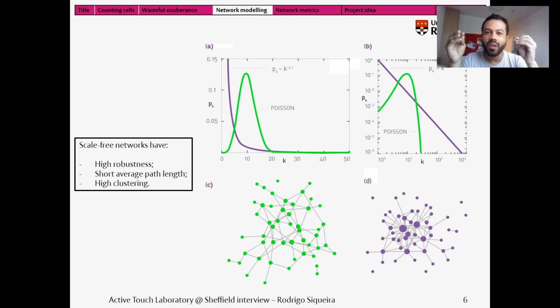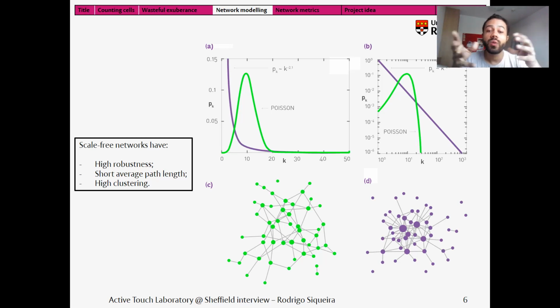Because it has a high robustness, which means it's really resistant to attacks. If I delete nodes, if I kill cells, if I have a stroke, or if I lose a limb, those regions can adapt and change function. So I will have a short average path length, which means I can move from one place of the network to another place of the network really quick without having to jump through all the neurons in the network.